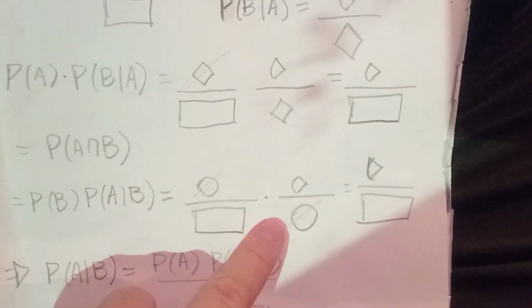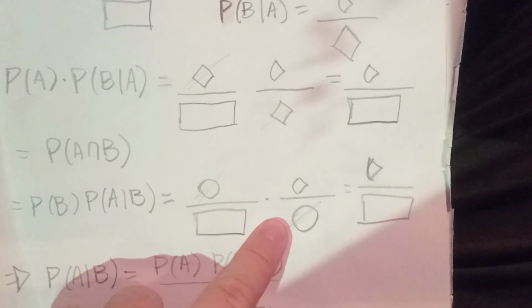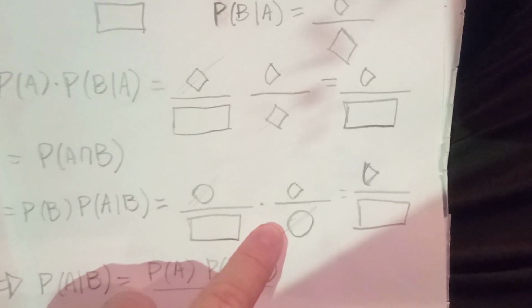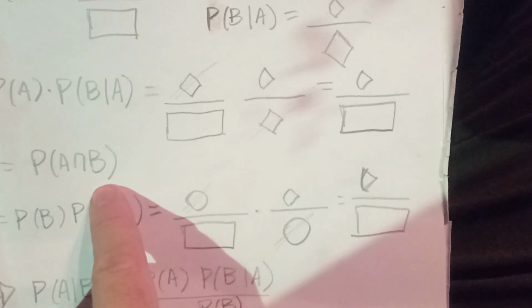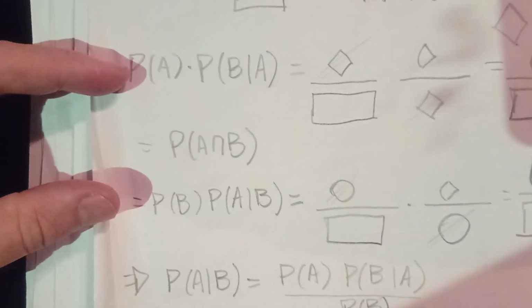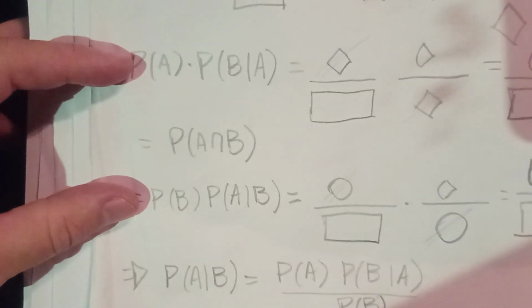So we get this picture, which is the probability of B times the probability of A given B, which is basically this intersection, which gives us that this is equal to this.